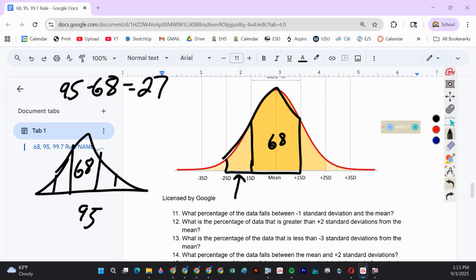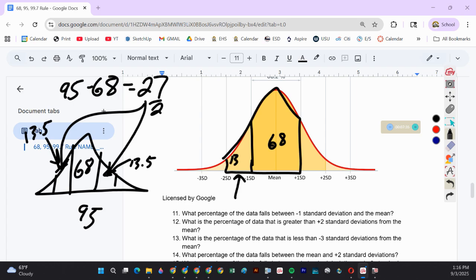What does the 27 represent? Both sides. This chunk and that chunk. So take 27 and cut it in half. So each one of those is 13.5. So if this is 13.5, then I just add those two together. Okay? Does that make sense?